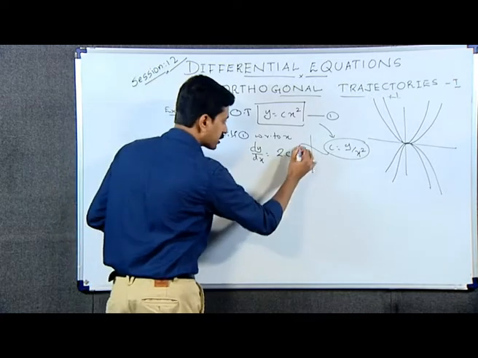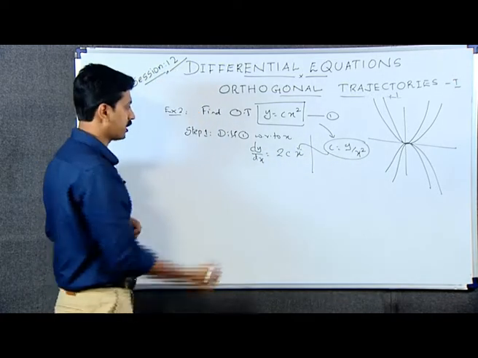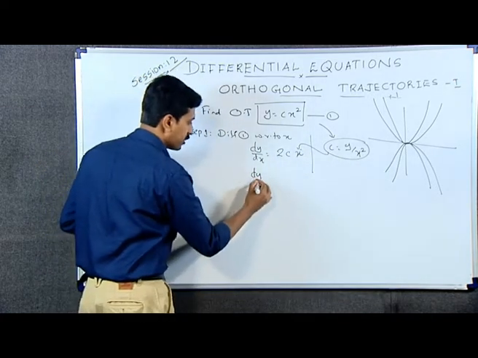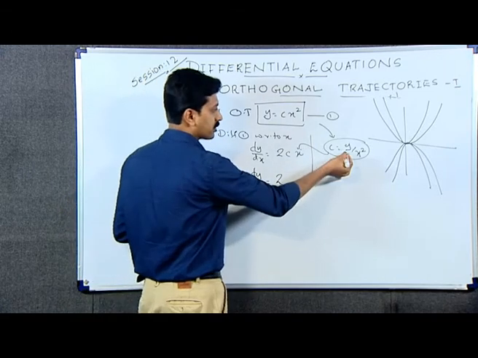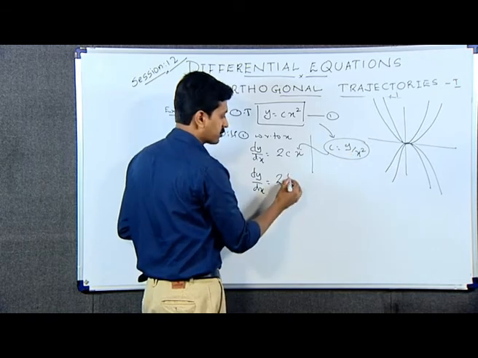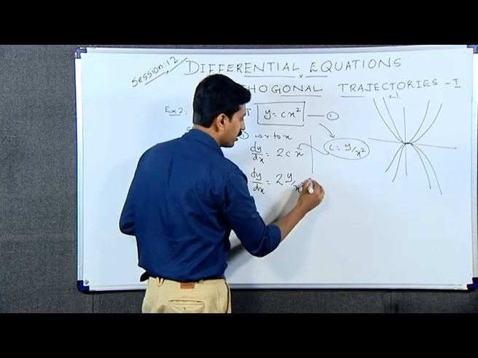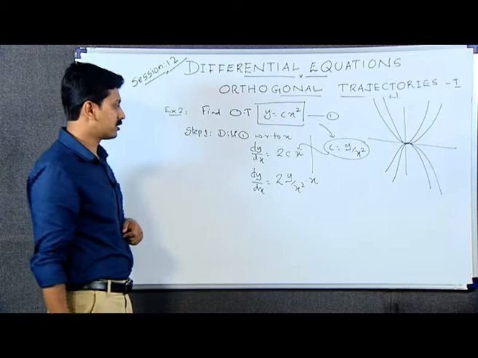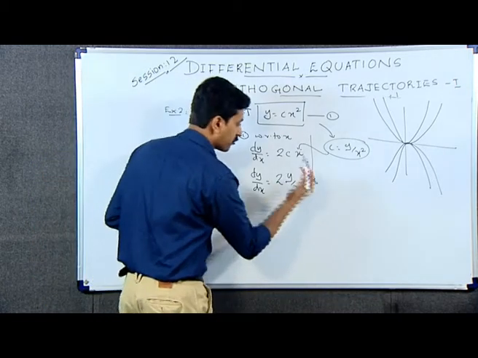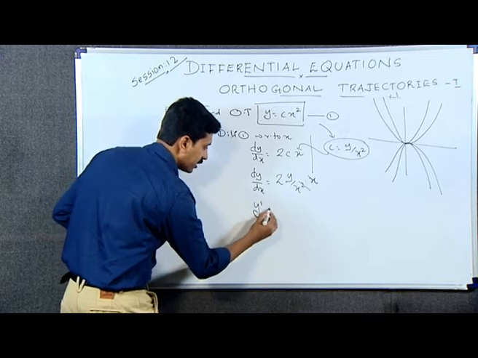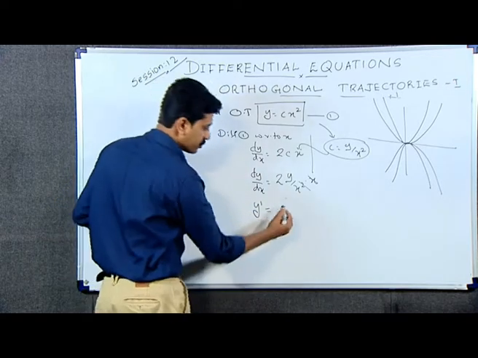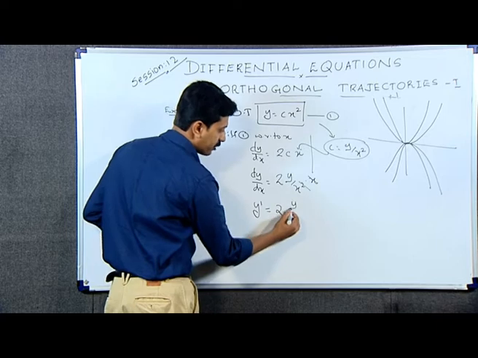I am replacing the value of c here. Then dy by dx is equal to 2 into y by x square into x, so we can remove one x from here. So, we will have y dash, dy by dx, equal to 2y by x.